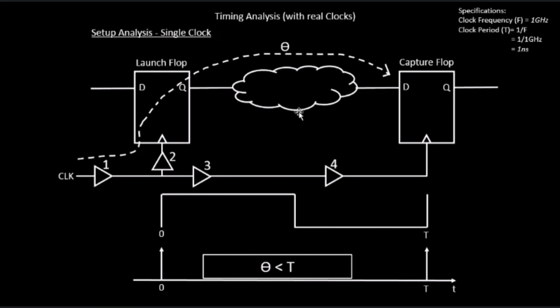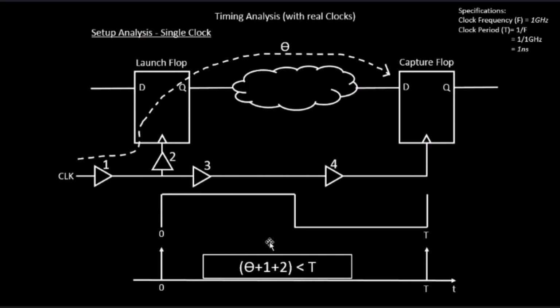Now your combinational delay initially was theta, and the requirement was theta should be less than T. Let's try to modify this one by one. The clock edge at the 0th clock edge, which was supposed to reach the launch flop at time 0, will now reach at 1 plus 2.